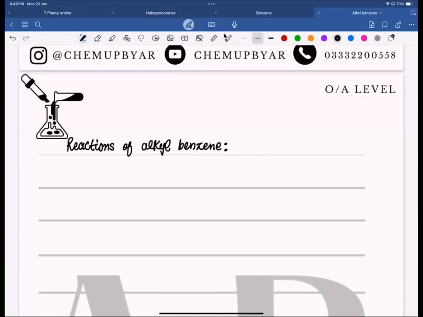Okay. So we studied alkyl group in AS as well. What is the nature of alkyl group? Electron donating or electron withdrawing? Yes, can anyone recall?